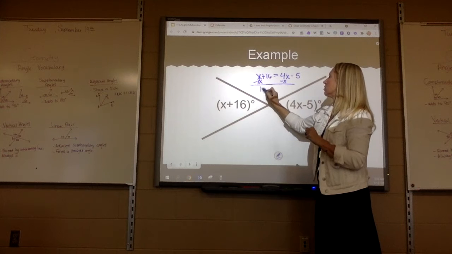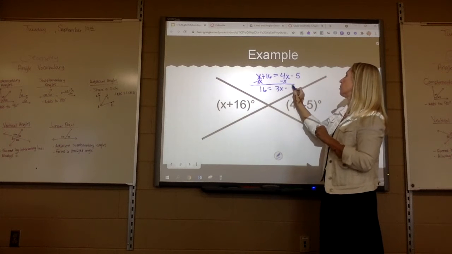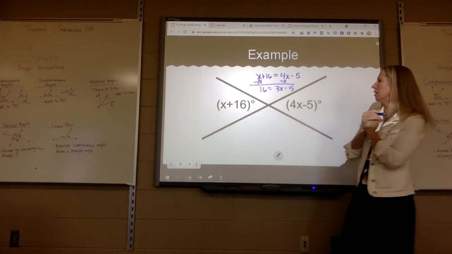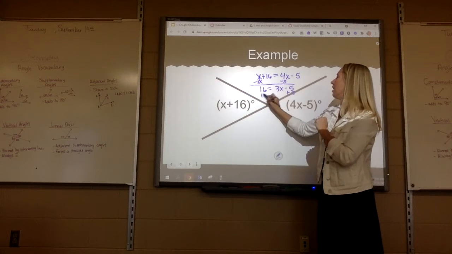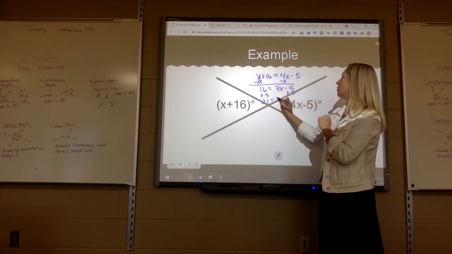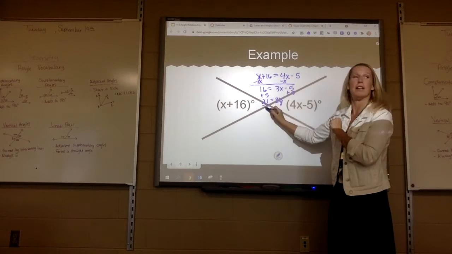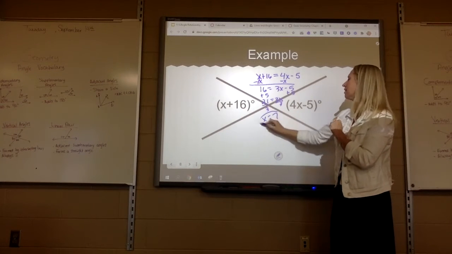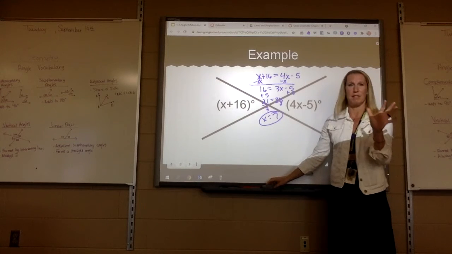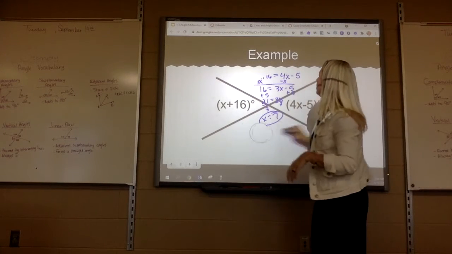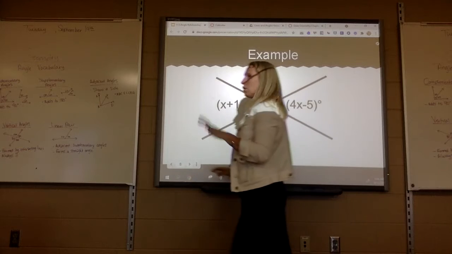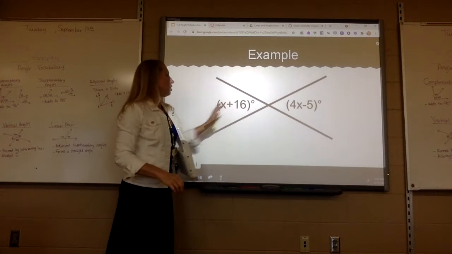So 16 equals 3x minus 5, then what would I do? Add 5, so 21 equals 3x, then divide by 3. What's x? 7. Okay. So you will have a little bit of algebra. With vertical angles, don't add them together, put them equal to each other.